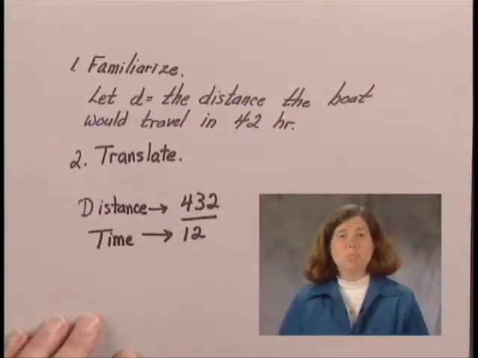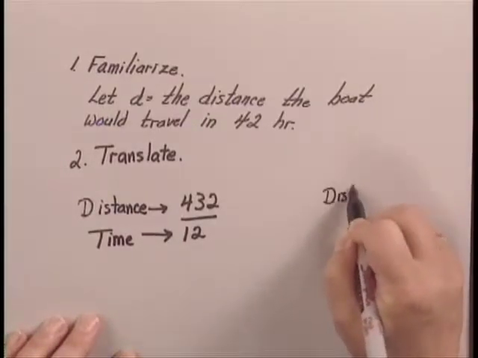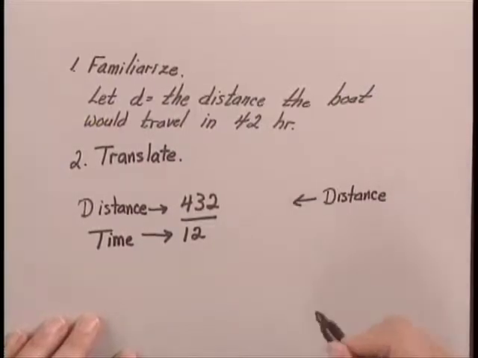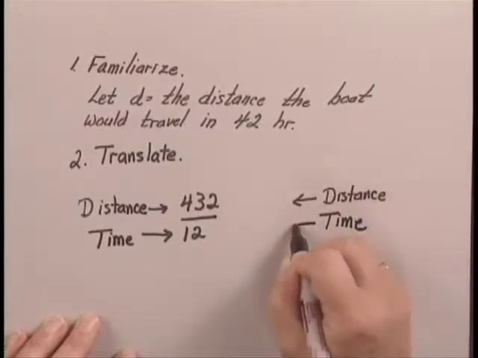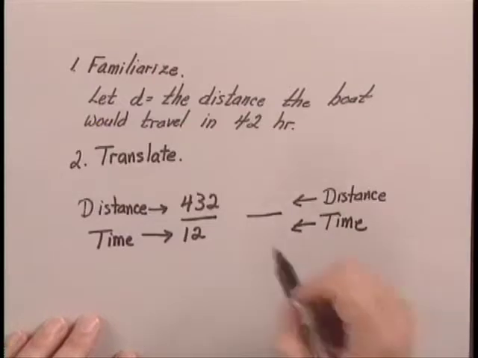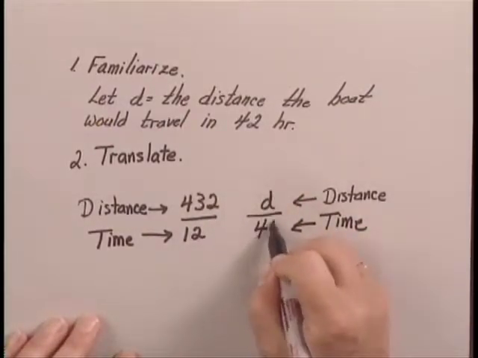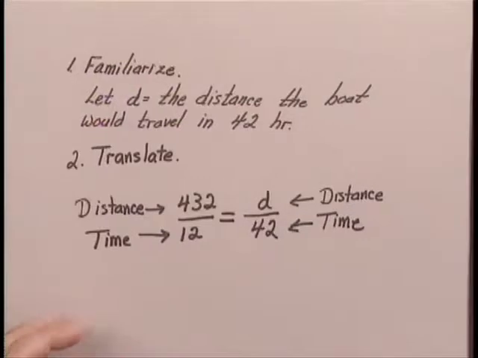I can also write another ratio, and I'm going to make sure that the distance is in the numerator of this ratio and the time is in the denominator of this ratio. And the distance is d and the time is 42. Since these rates remain the same, we have an equation that we can solve.